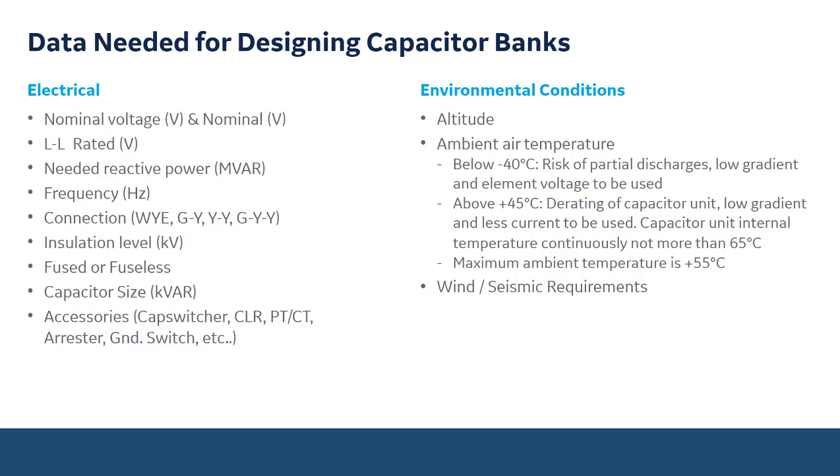So I'll need to know the altitude, and the requirement here is because at higher altitudes, my BIL will decrease due to the thinner air. Ambient air temperatures, so below 40 C, you have that risk of partial discharges, low gradient and element and voltage to be used, and above 45 C, you have a derating of capacitor unit, low gradient, and less current to be used.